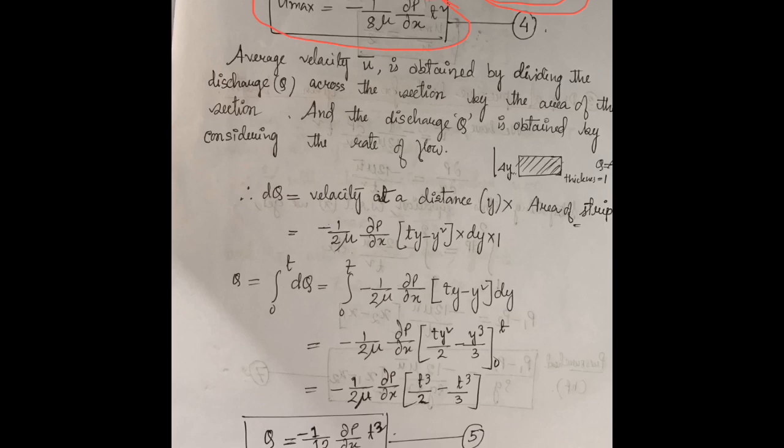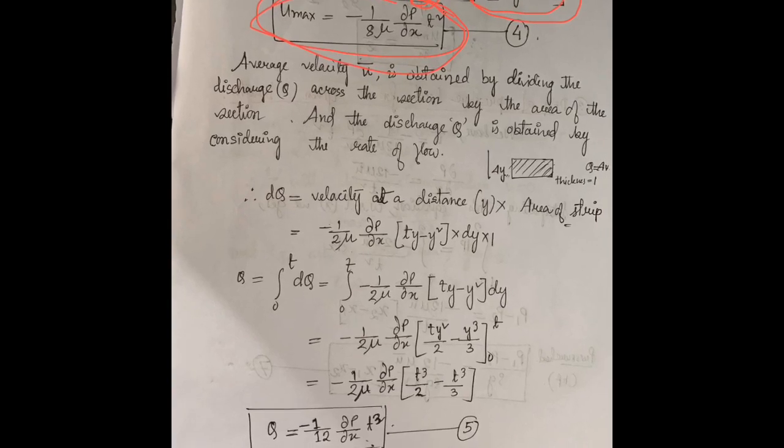So q equals integration 0 to t of dq, which equals integration 0 to t of minus 1 by 2 mu del p by del x into (ty minus y square) dy. Then we will get minus 1 by 2 mu del p by del x into [ty square divided by 2 minus y cube divided by 3] from 0 to t.